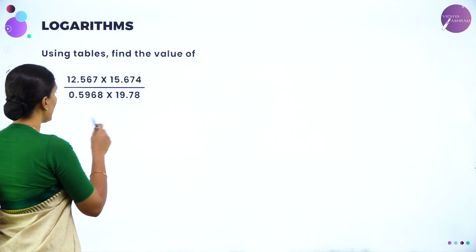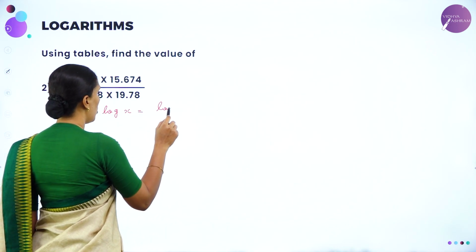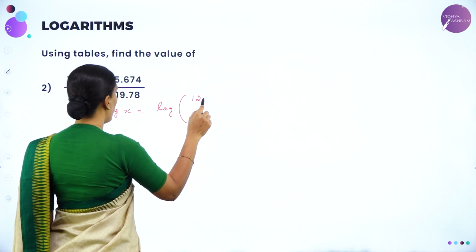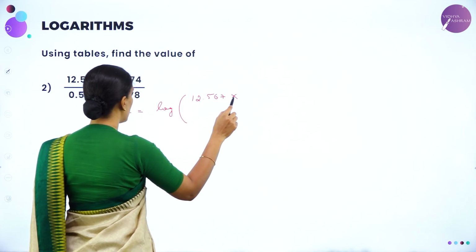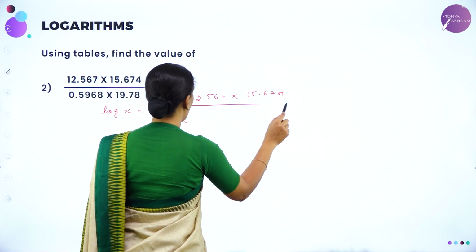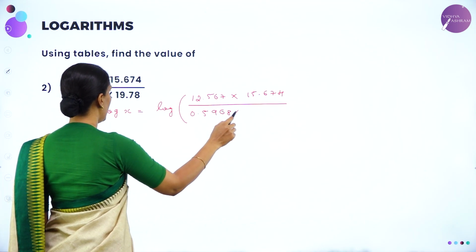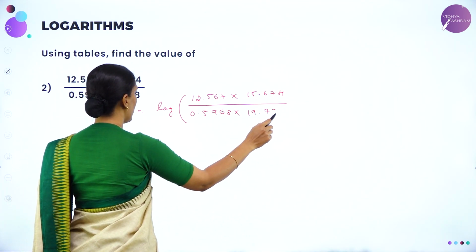Now here, let me consider this as log x. So we have log x is equal to log of 12.567 into 15.674 whole divided by 0.5968 into 19.78.